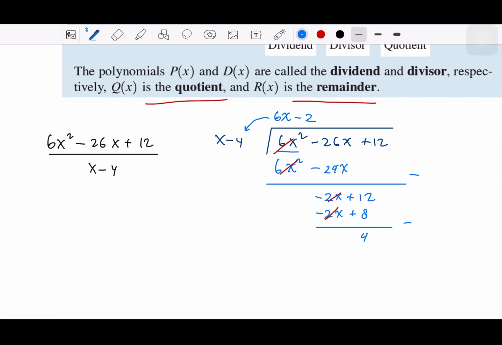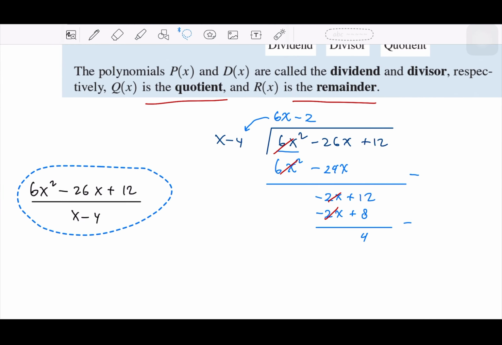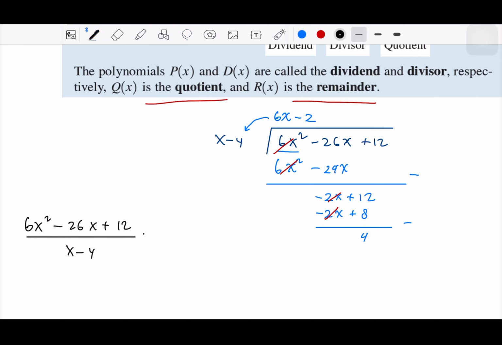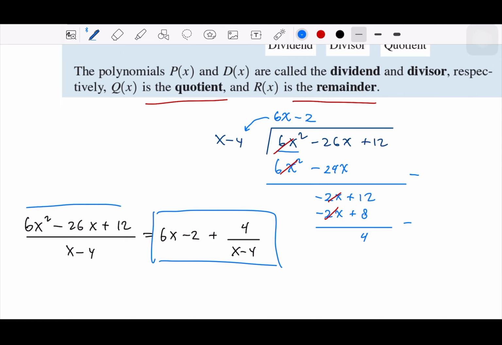Now we could write down the terms. Let me write a little bit down here. We could write that this is 6x minus 2 plus 4 over x minus 4. And from the look of it, this part here is much more simplified than the left part, right? And of course, if you are now learning calculus, or if you have learned calculus before, this is a simple way to write functions.